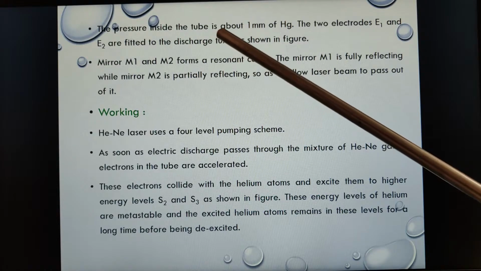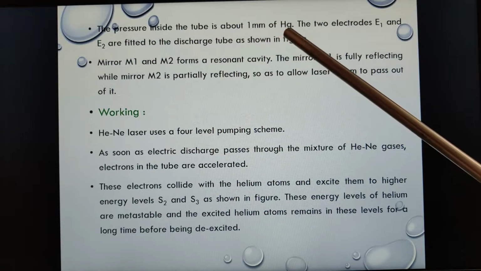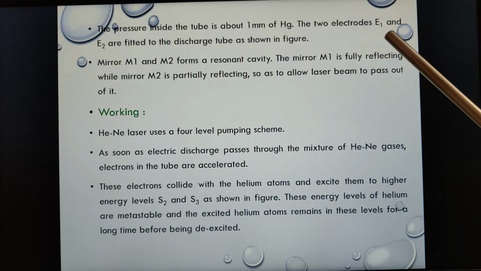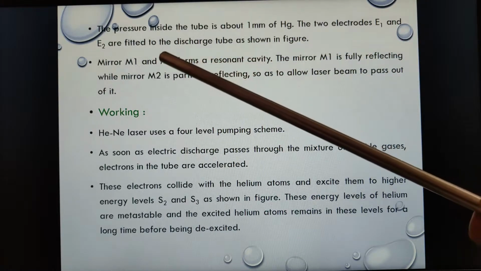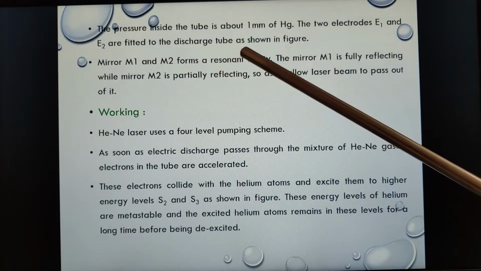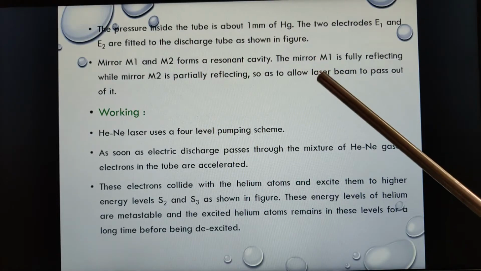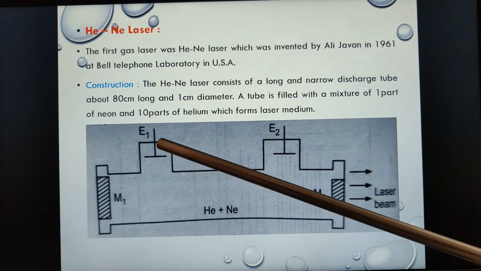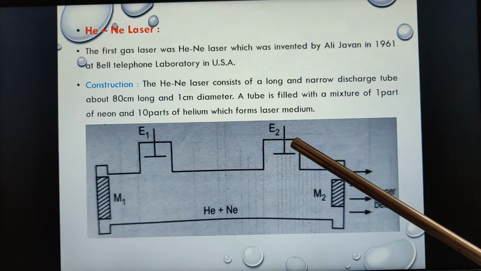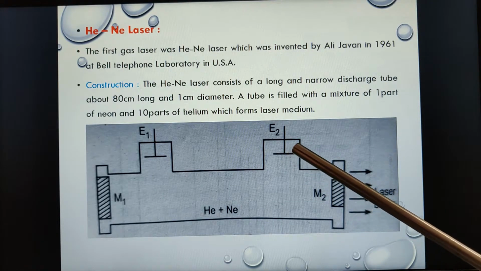The pressure inside the tube is about 1 mm of Hg. The two electrodes E1 and E2 are fitted to the discharge tube as shown in the diagram.